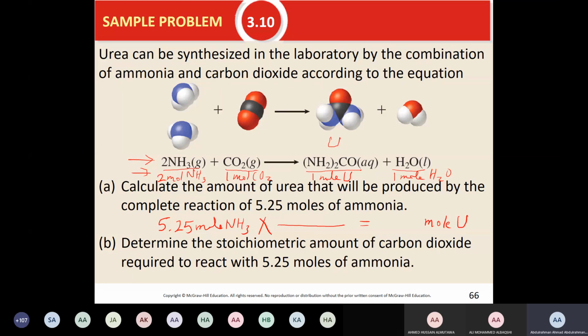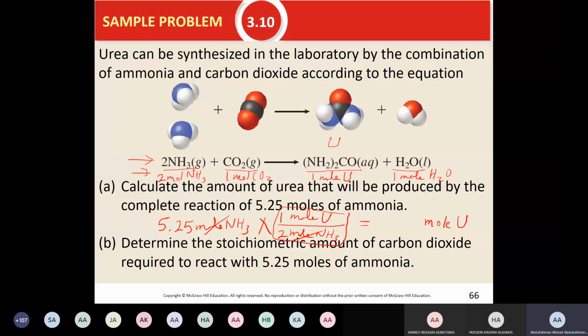Put the equation. 1 mole urea divided by 2 mole NH3. I got this relation from the chemical reaction. Now, this will go with this, and I have the answer in mole urea.